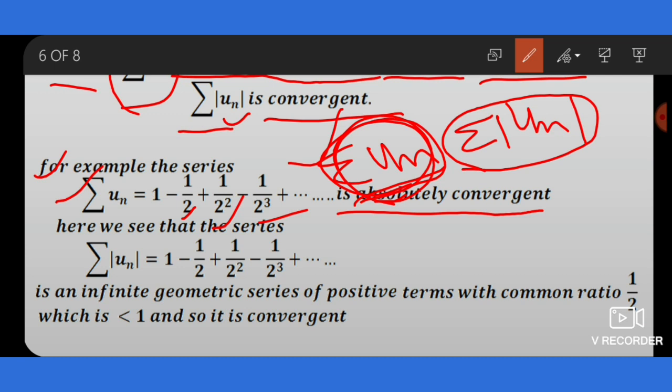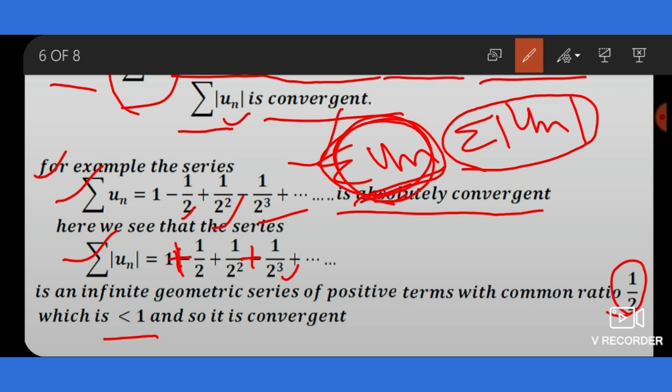Here we see that the series summation mod of un equal to 1 plus 1/2 plus 1/2 to the power 2 plus 1/2 to the power 3 plus so on is an infinite geometric series of positive terms with common ratio 1/2, which is less than 1, so it is convergent.